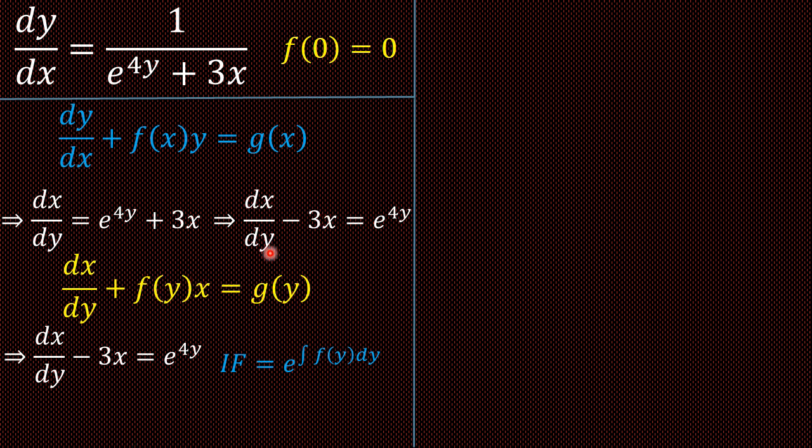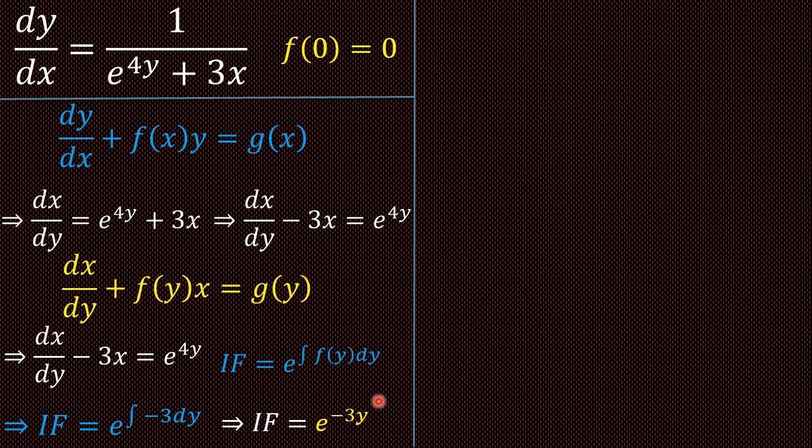Good. So we're simply going to have IF equal to e raised to the power the integral of negative 3 dy, because we're integrating with respect to y. Integrating negative 3 in the y world simply gives us negative 3y. So our integrating factor now turns out to be e raised to the power negative 3y.